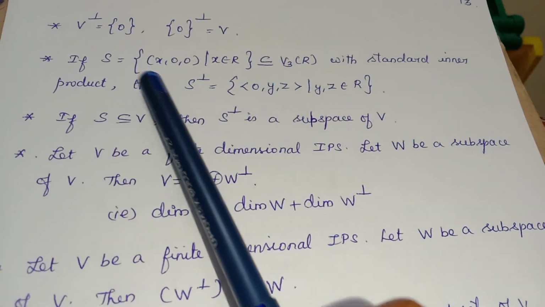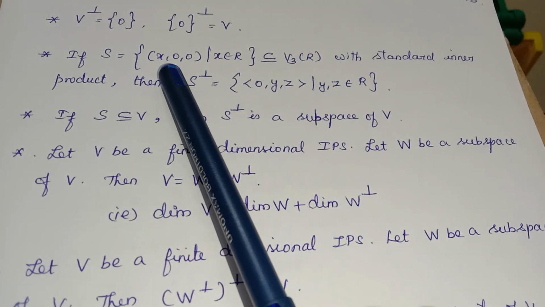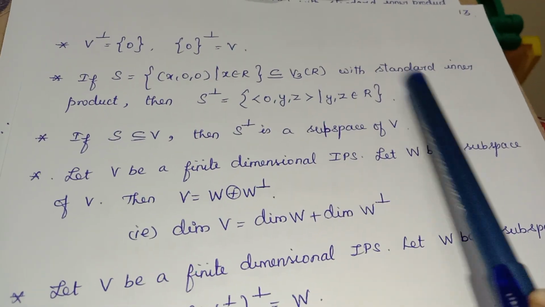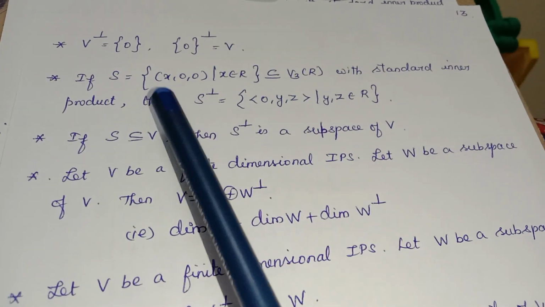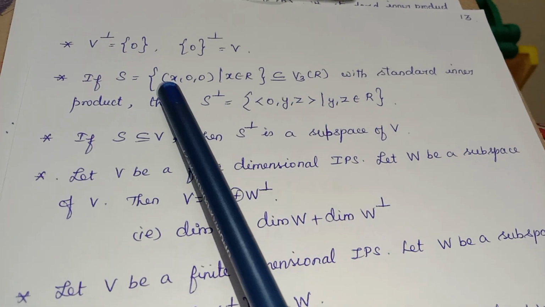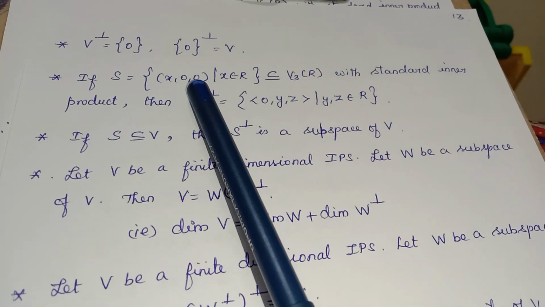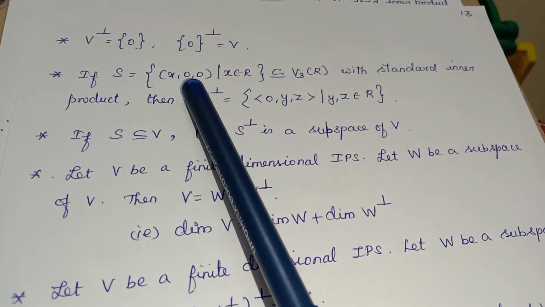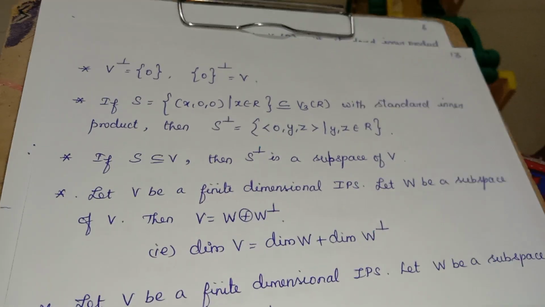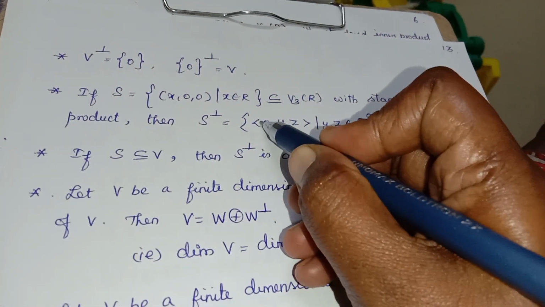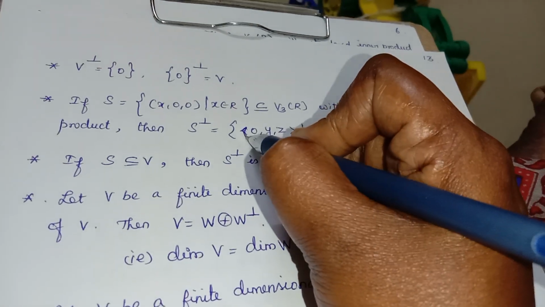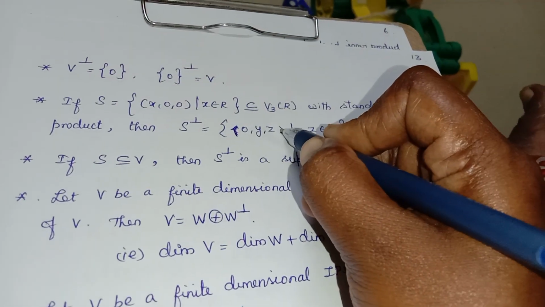S equal to the set of all 3-tuples (x, 0, 0) where x belongs to R, in V3 of R with the standard inner product. Then what is its orthogonal complement? See, in the first coordinate only you will have some non-zero number, the other coordinates are 0. Sorry, here it is not an inner product, this is a 3-tuple only, with ordinary brackets. The complement is the set of all 3-tuples of the form (0, y, z).